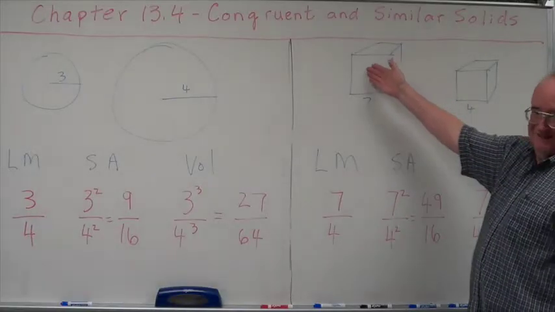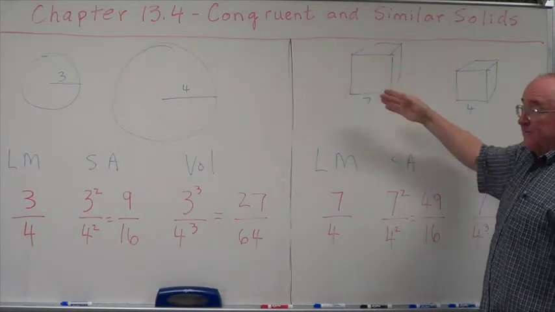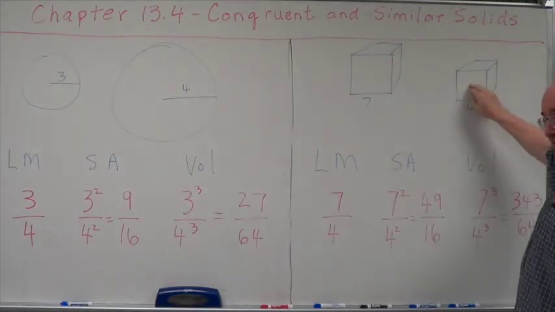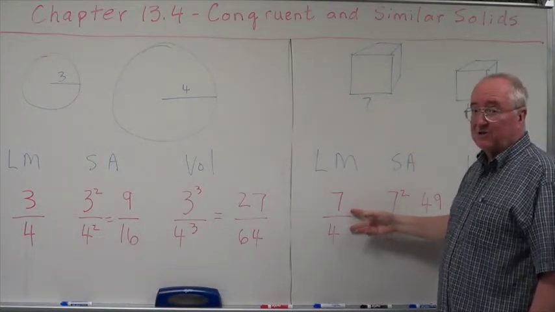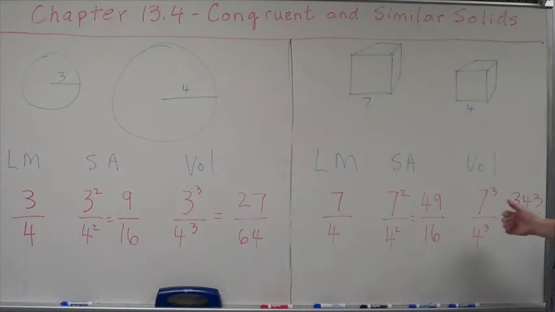This one holds almost 5.4 times what this one will hold. It's not quite twice as big, but it holds 5 times the volume. That's what we're talking about when we say the surface areas and the scale factors of linear measures versus the surface areas versus volumes. That concludes our congruent and similar solids.